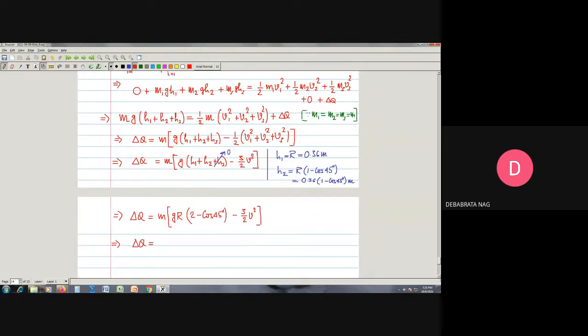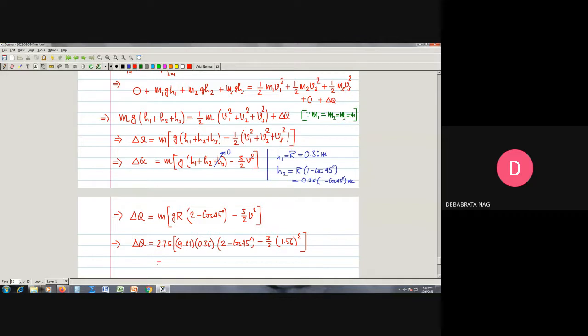Then g is 9.81, and the R value is known to be 0.36 meter, multiplied by 2 minus cos 45 degree. Then minus 3 by 2 into the velocity squared, where the common velocity was 1.56 meter per second. So we can put this value here.